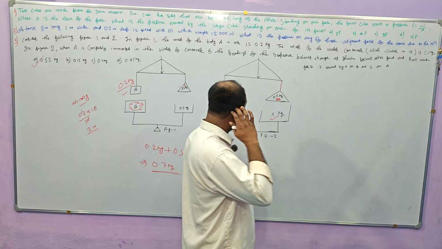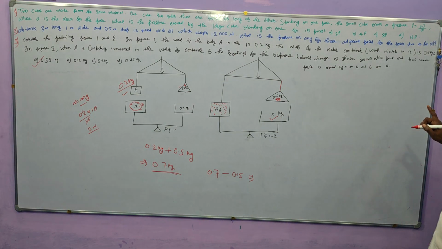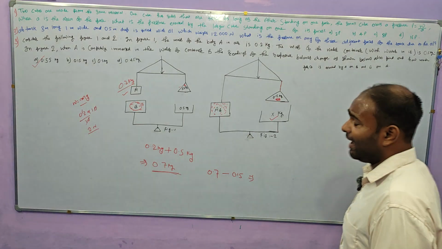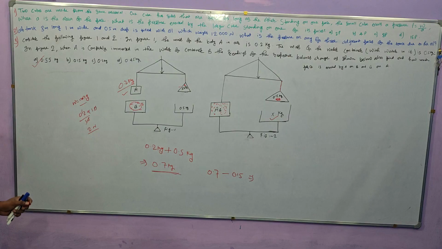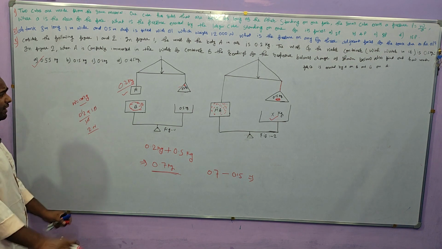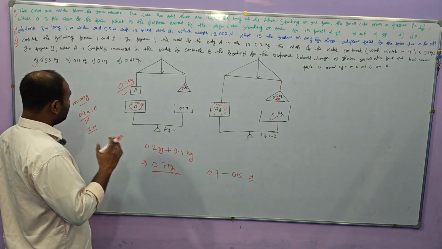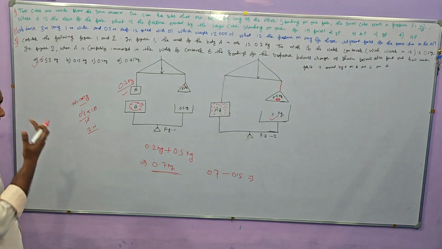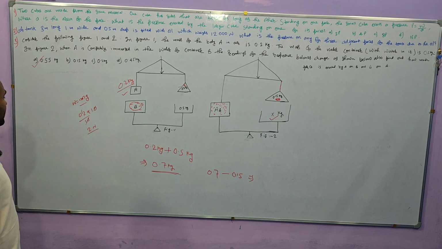Now, how much force is exerted by B on A? We know that when anything is immersed completely in something, whether it is liquid or air, our weight is greater than the weight of the liquid or air.